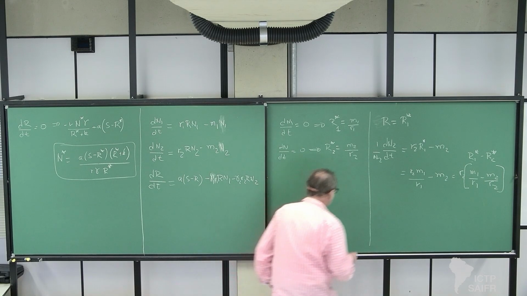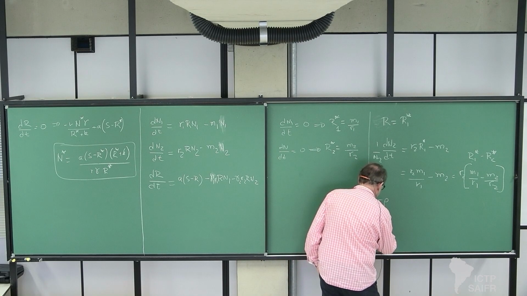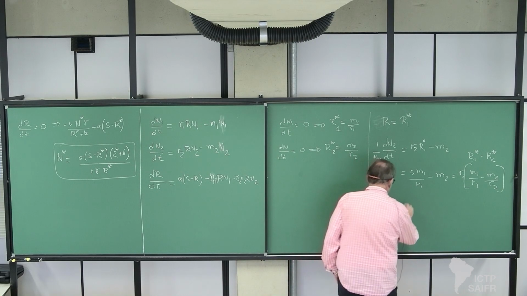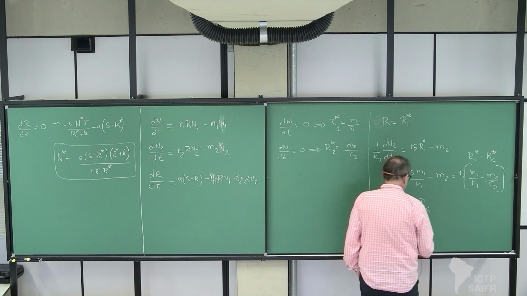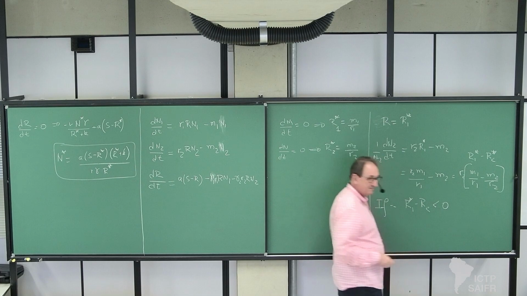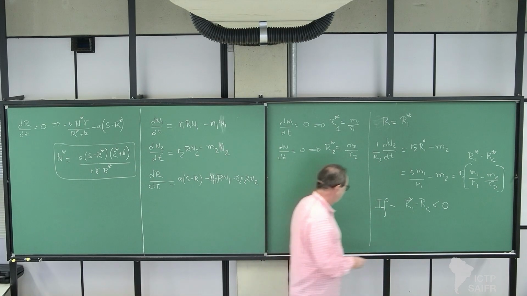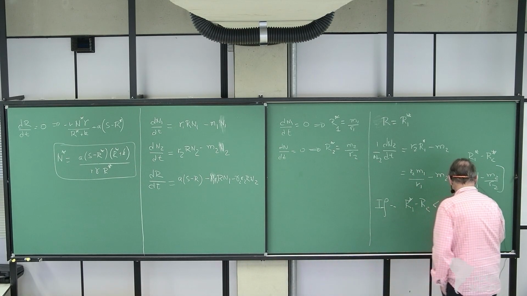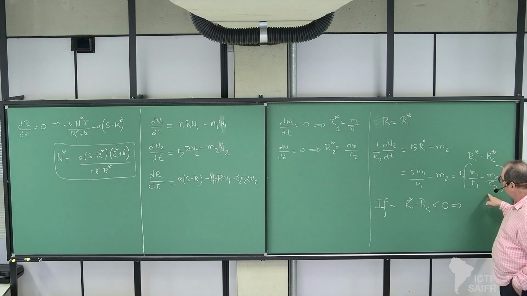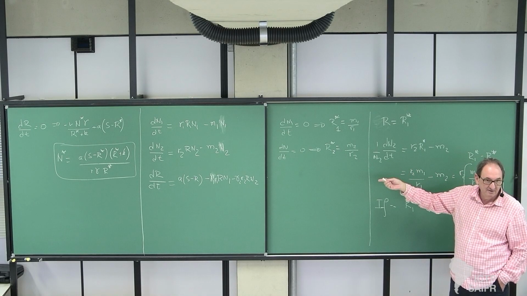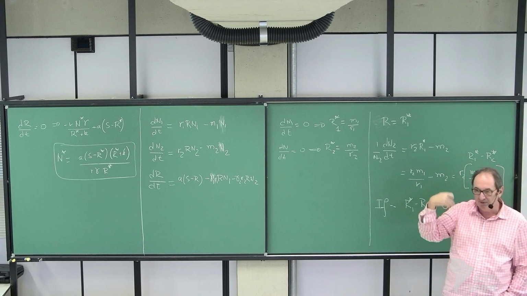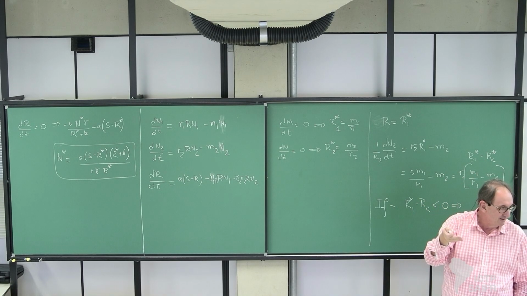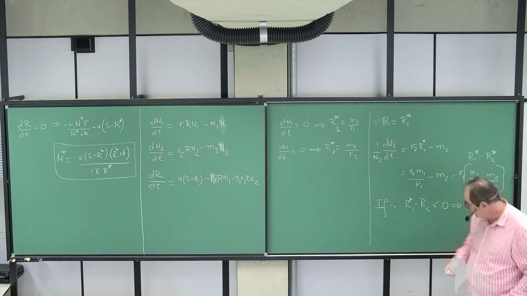So if R1 star minus R2 star is negative, then this means that dN2/dt goes to 0. Therefore, there's no invasion of N2 in a population which is at N1, at the carrying capacity.